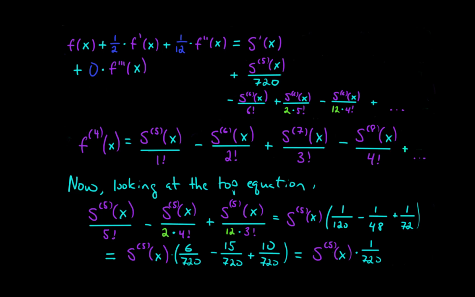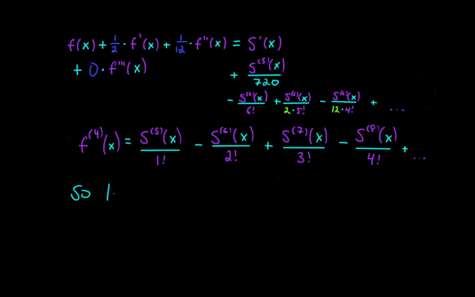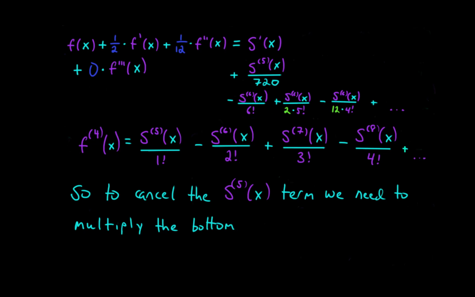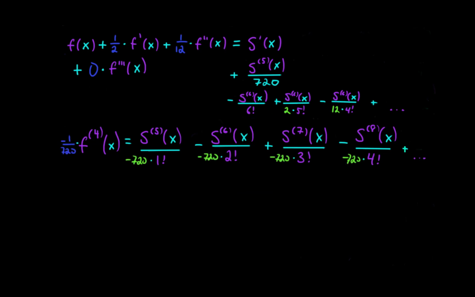And then to cancel that s5 of x term, we need to multiply the bottom equation by negative 1 over 720, and then add the two equations together. Let's do that. I'm going to multiply f4 of x by negative 1 over 720, and I'm going to multiply all the terms on the right by negative 1 over 720. So I'm distributing that there. And then we're going to add the equations together.